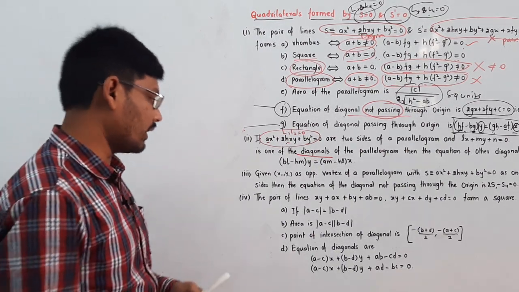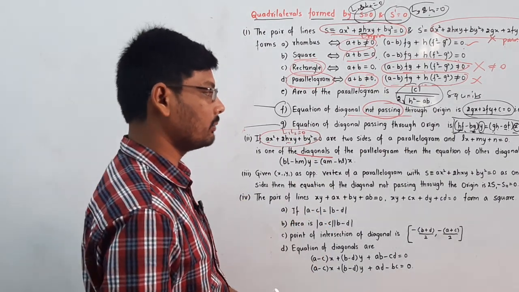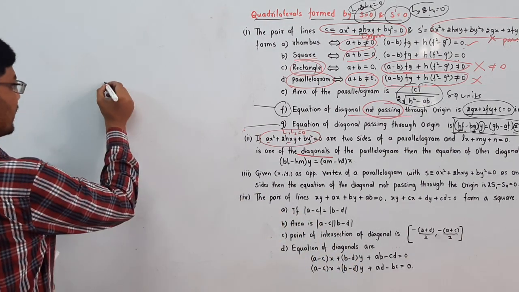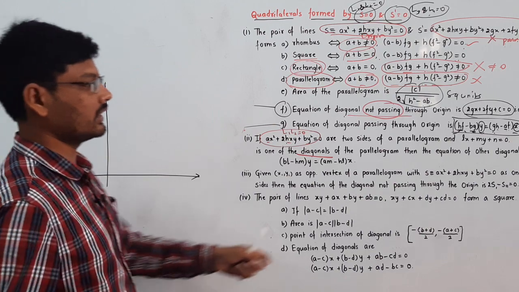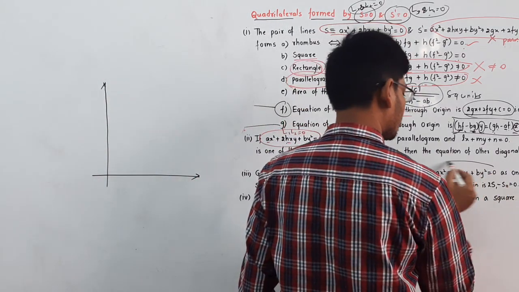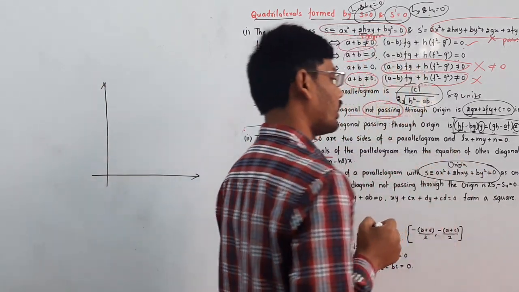Given (x1, y1) as one opposite vertex of a parallelogram of pairs of straight lines, these two pairs of straight lines are passing through the origin.